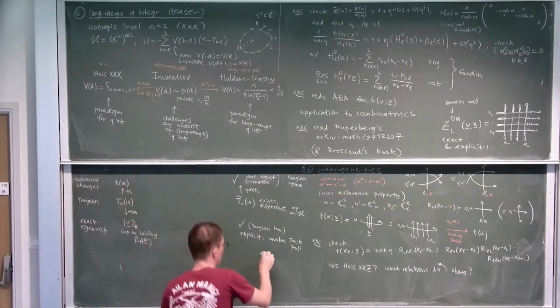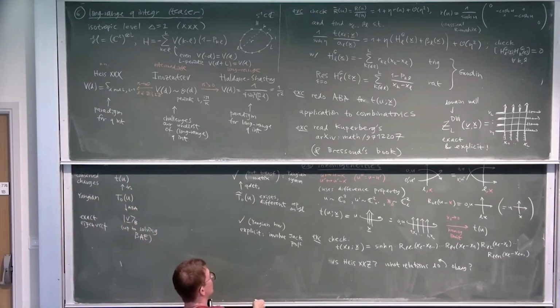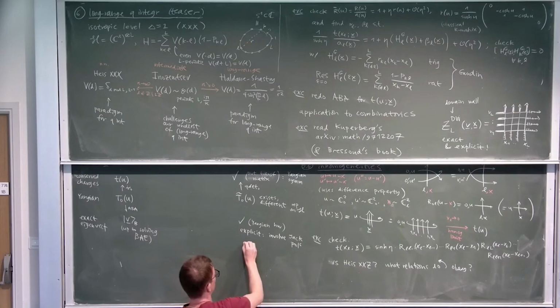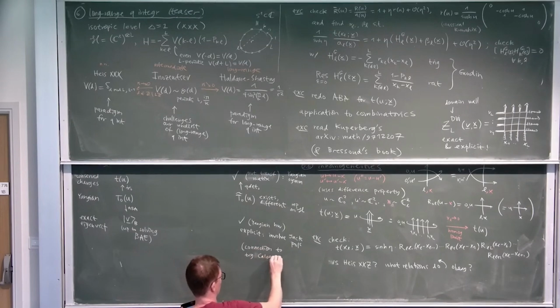And this relies on something else. If you know about Jack polynomials, you know that they occur as eigenfunctions of another integrable model of a very different type, which is called the trigonometric Calogero-Sutherland model. So this goes through a connection to this trigonometric Calogero-Sutherland system.